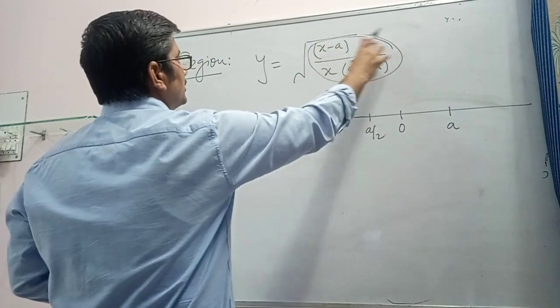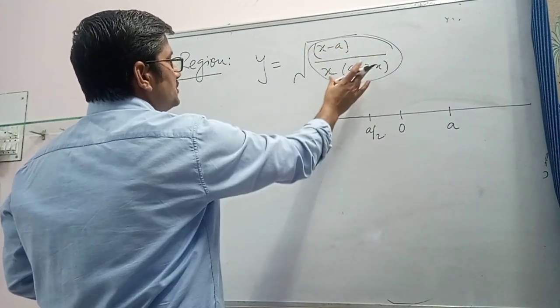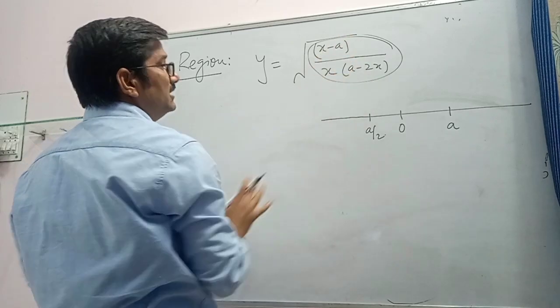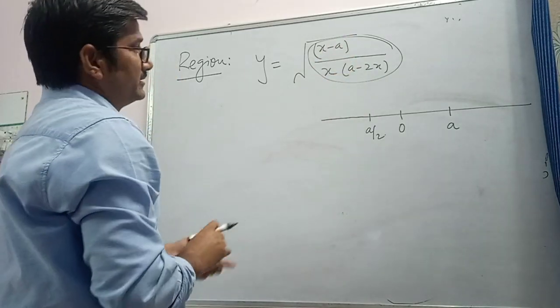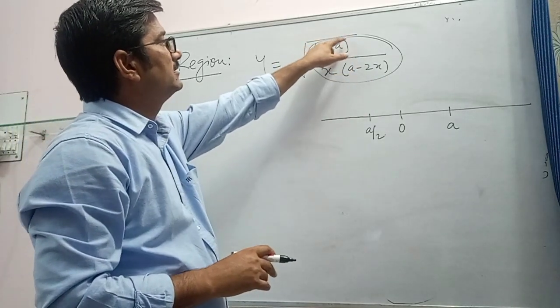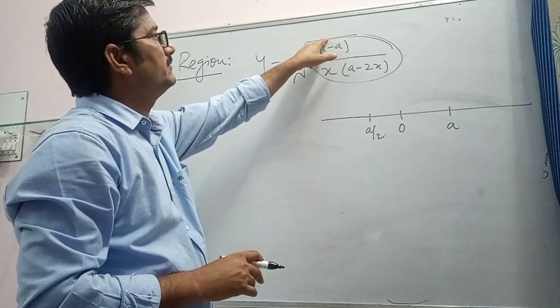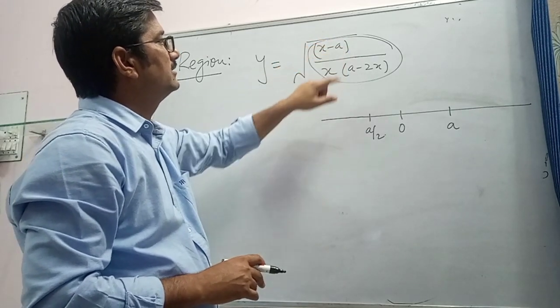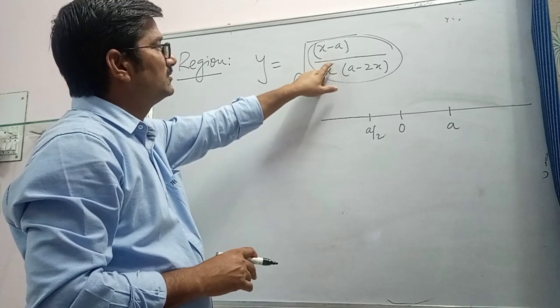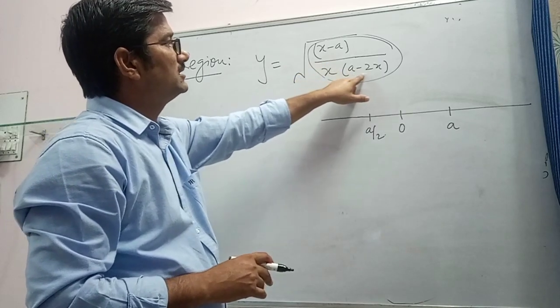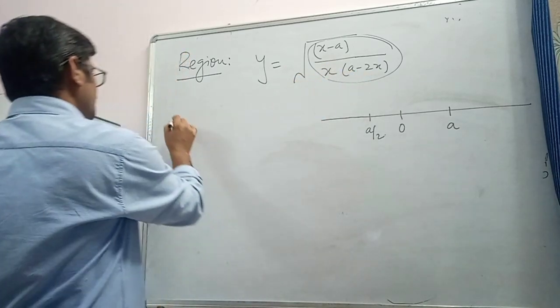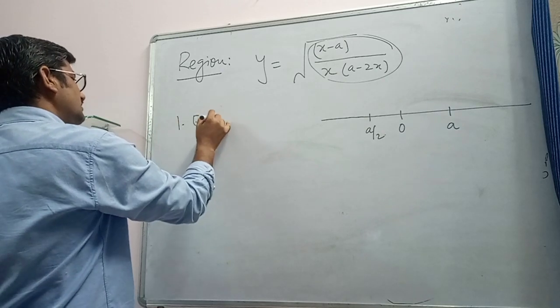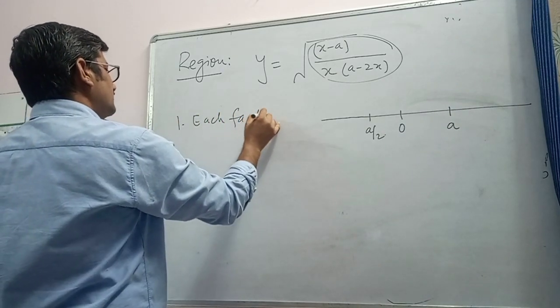Whether it is a fraction or a polynomial, each factor of it must be a linear factor. See here, this factor is x minus a, the power of x is 1, so it is a linear factor. This factor is also linear, x to the power 1. The first condition is that each factor must be linear.